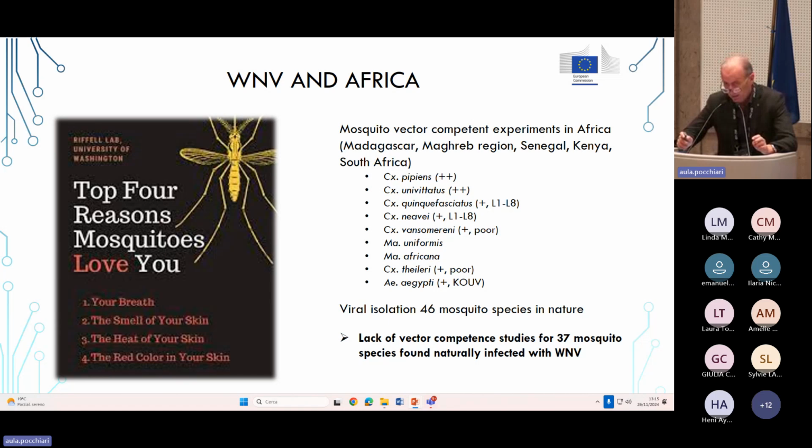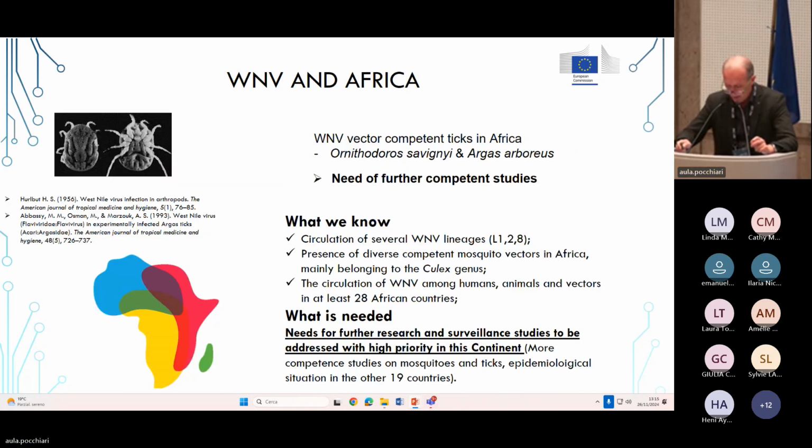Competence studies have been done in 9 of them, which showed that Culex pipiens, as well as Culex univittatus, are probably the most important species in transmitting the virus. Also, presence of the virus has been detected in ticks, in Ornithodoros savignyi and Argas arboreus.